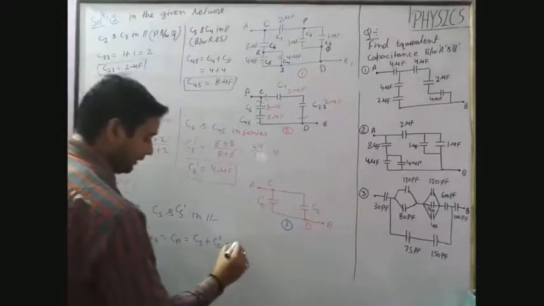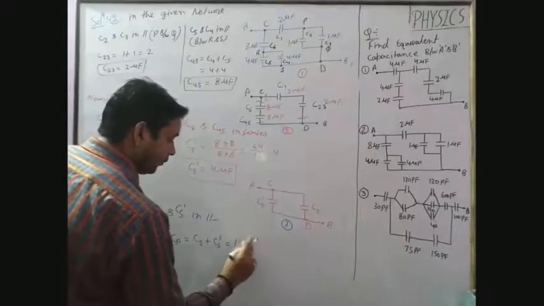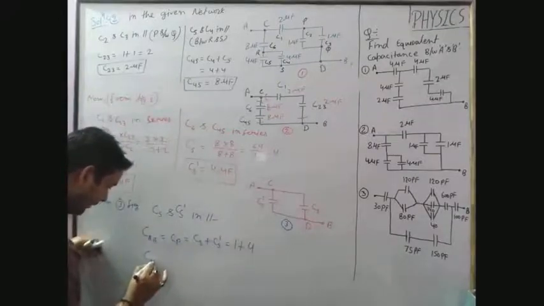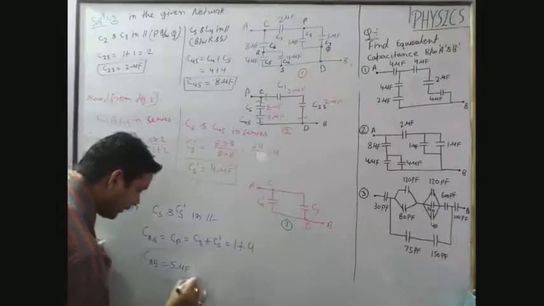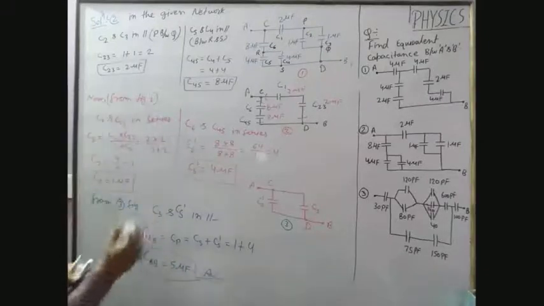This you will calculate here: 1 plus 4, which is CAB, is equal to 5 microfarad. This is your final answer. Okay.